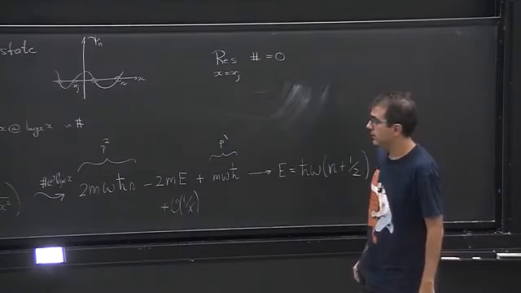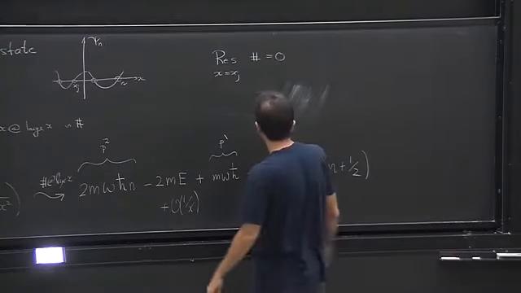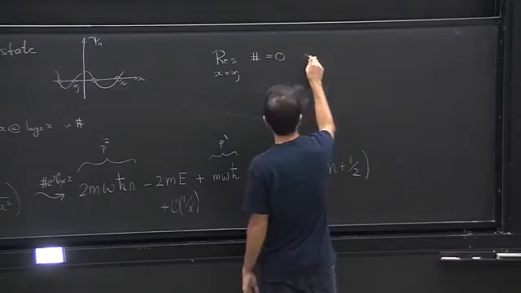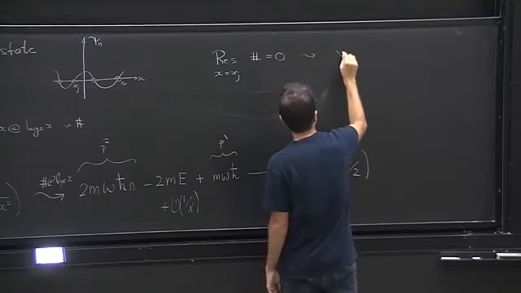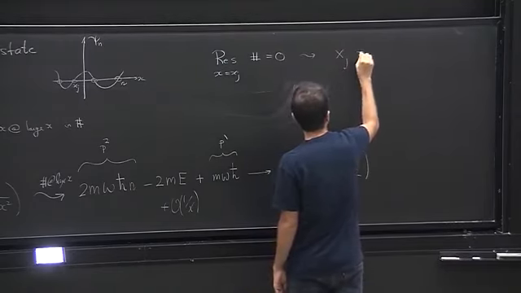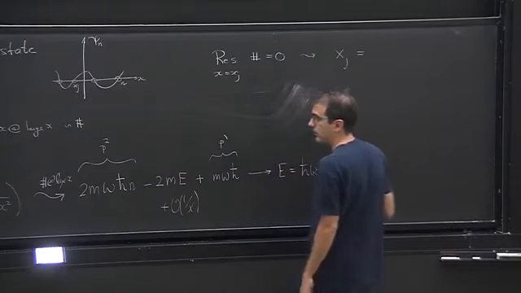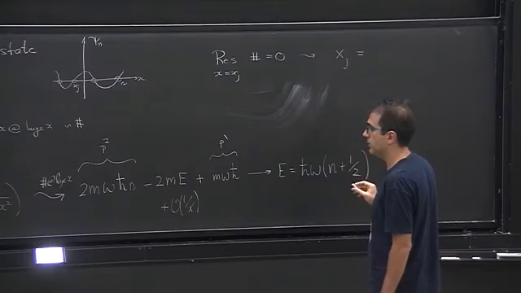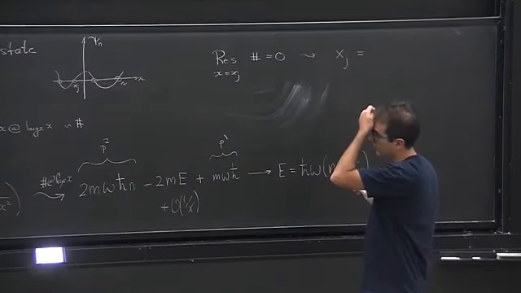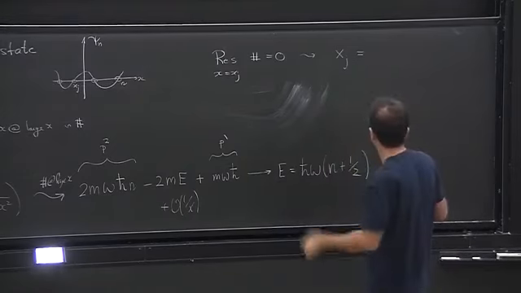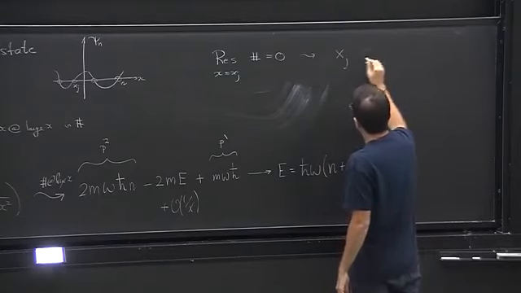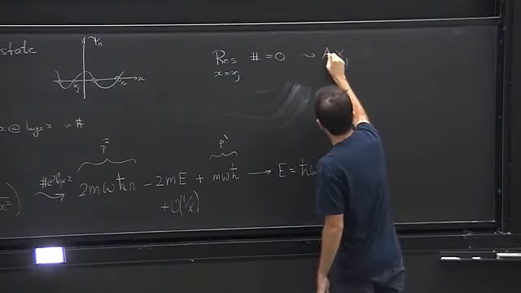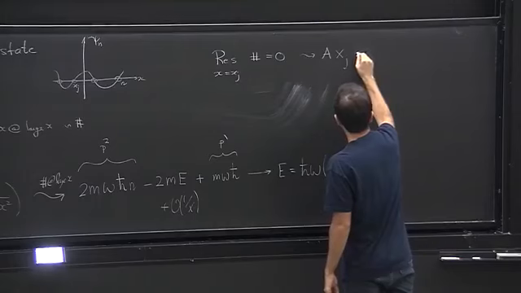If you do it, you get an equation of the form, let me write it, then we can check if you want. xj equal xj times the constant a. Let me work out this constant a in a minute.